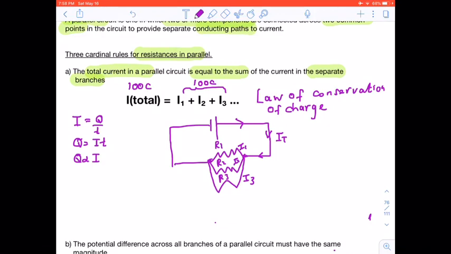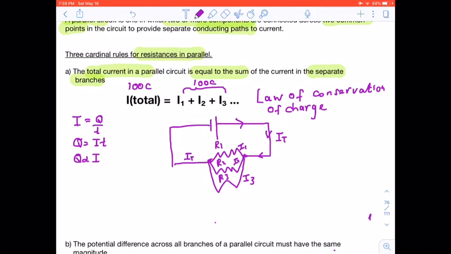As it splits, you will see I1 going through resistor 1, I2 going through resistor 2, and I3 going through resistor 3. So the total current passing through the branches will be equal to the circuit current. And as it leaves there, again, we've got our I total, and then it goes back to the battery.